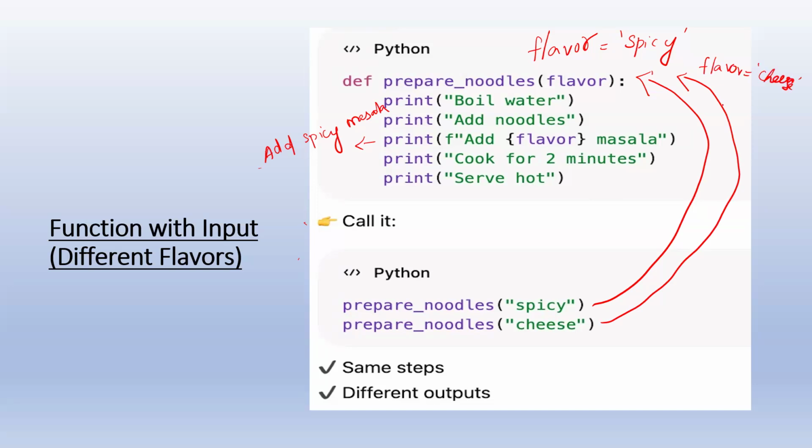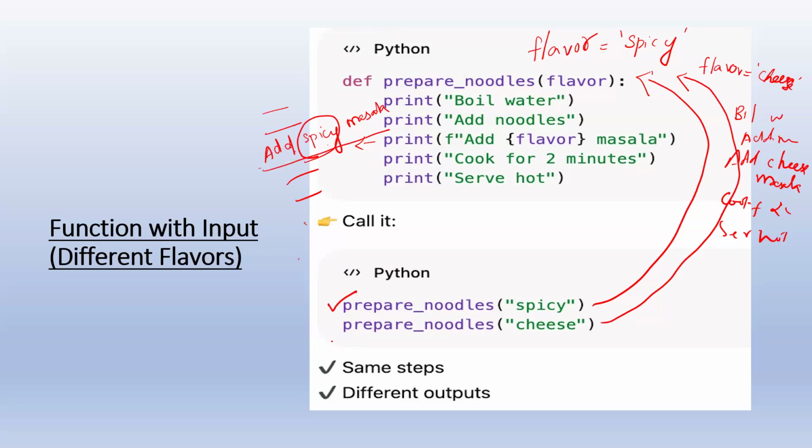So everything will be the same: boil water, add noodles, but here, add cheese masala. There will be a difference here. Cook for 2 minutes. Serve hot. Everything will be the same, but the only difference will be that when we call this, add spicy masala will be displayed, and when we call this function, add cheese masala will be displayed. You got it, everyone?